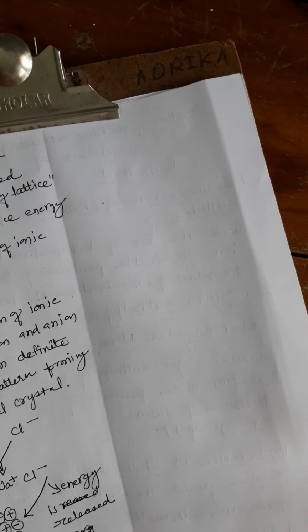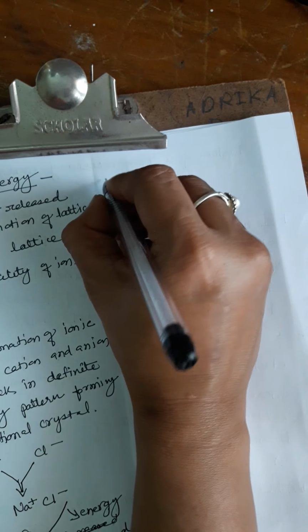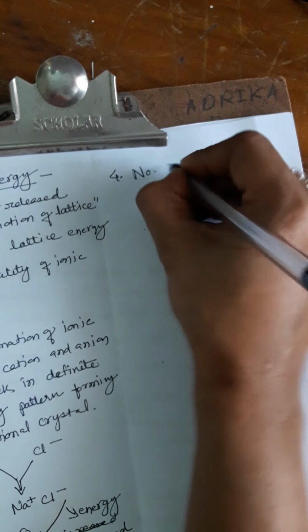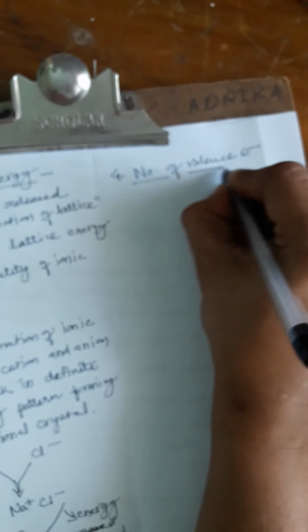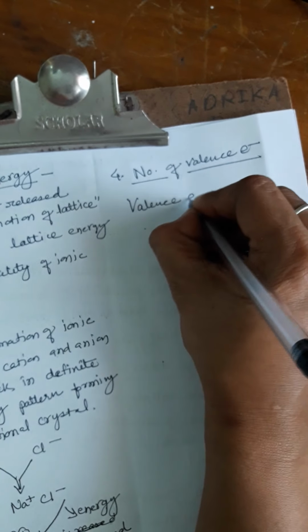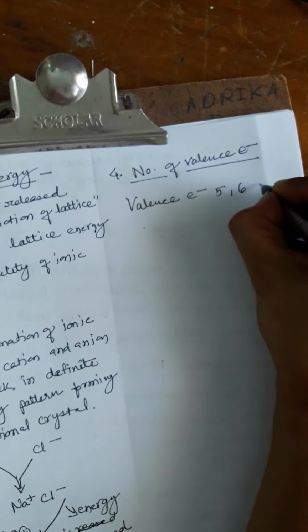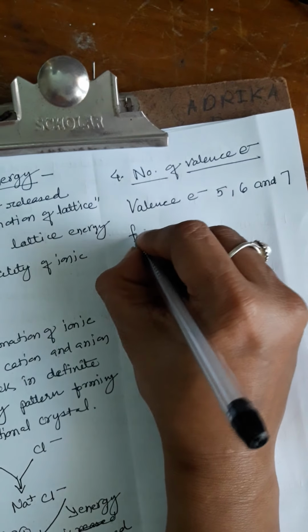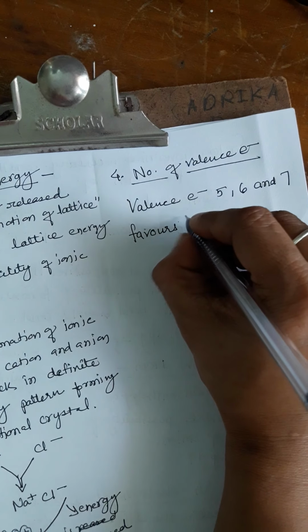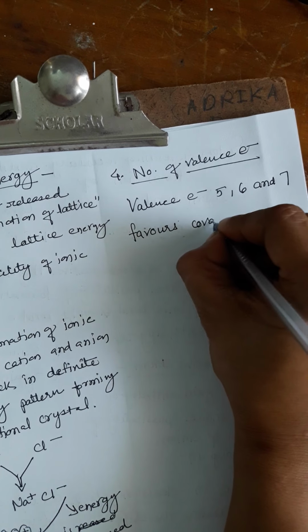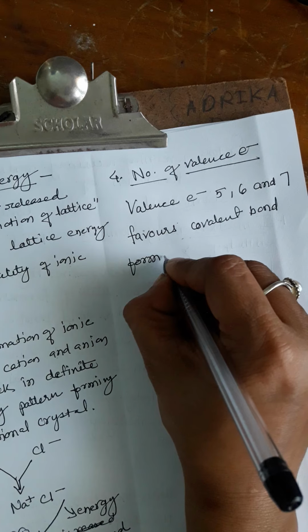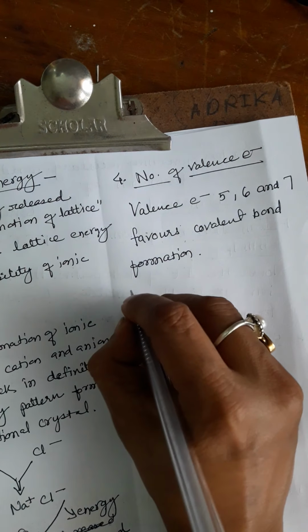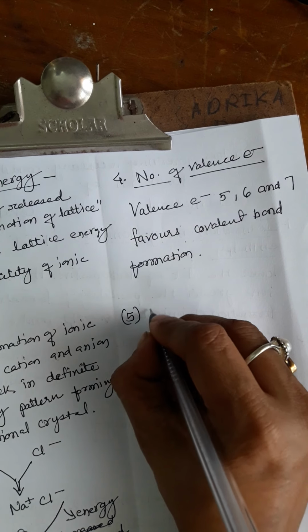Now in case of covalent compound, the factor which has important role is number of valence electrons. Valence electron 5, 6 and 7 favors covalent bond formation. Next important point is nuclear charge.